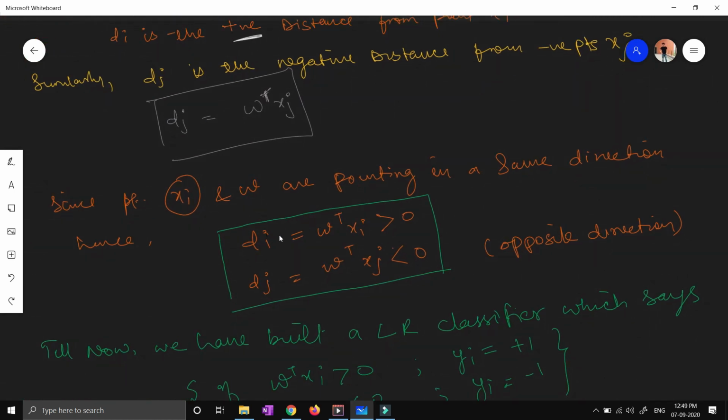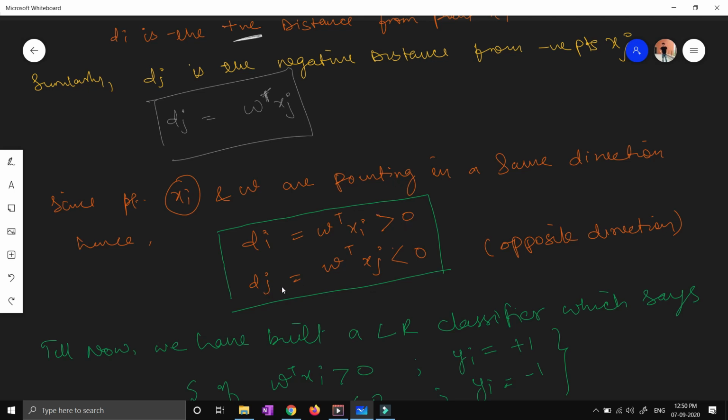So here you can see that if my data point belongs to the positive class, then my distance w transpose xi will be greater than 0. Always remember this. My w is positive and xi is in the same direction, and hence it will always be greater than 0.